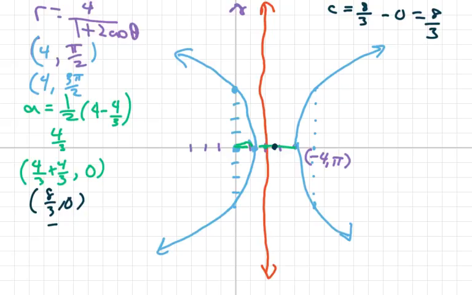And so the second focus is going to be at 8/3 plus 8/3, which is 16/3, comma 0. So 16/3 is close to 5, a little bigger than 5, so it's right about there.